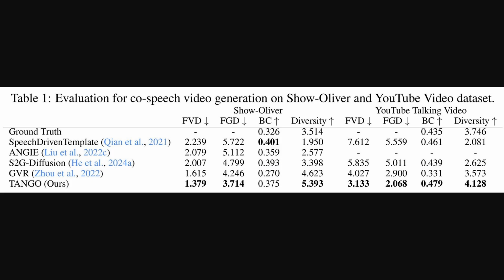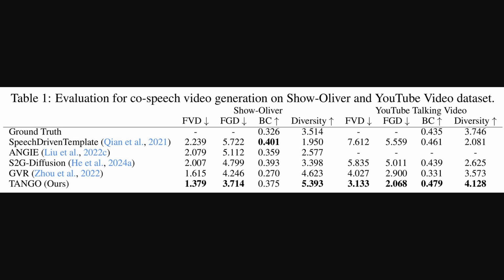Alright, moving to the results, this table presents a quantitative evaluation of co-speech video generation. It compares TANGO with other methods, including the audio-driven gesture video reenactment we talked about, on the show Oliver, and YouTube talking video datasets. We see metrics like Fréchet video distance, or FVD, and Fréchet gesture distance, or FGD, where lower scores are better, indicating more realistic video and gestures.